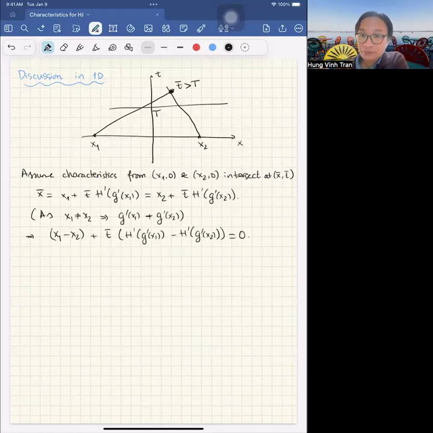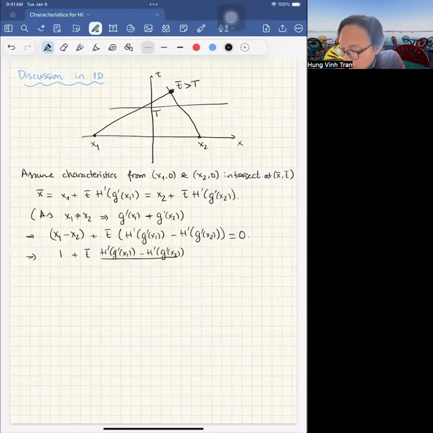And now I'm going to divide everything by x1 minus x2 and try to use the mean value theorem. So dividing everything by x1 minus x2, I would have 1 plus t bar times h prime g prime of x1 minus h prime g prime of x2, over x1 minus x2, equal to 0. I can divide because x1 is not equal to x2.